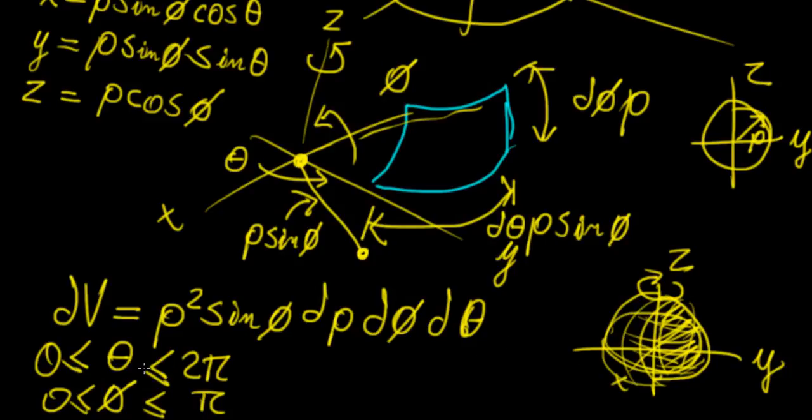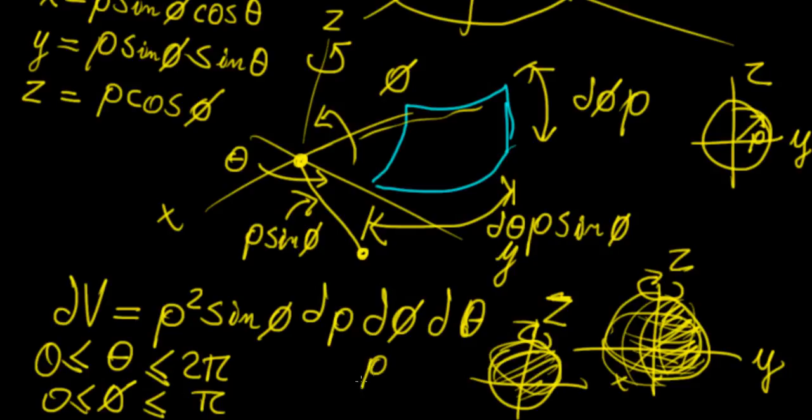What happens if instead of going from 0 to pi on phi, you go from 0 to 2 pi? You're going to have the full four quadrants with respect to the z-axis, and if you rotate it by 2 pi along the xy plane, you're going to get a double volume, because each of these semicircles is going to cover the same amount of volume. So it would actually not be the proper definition. So that's why we have this.